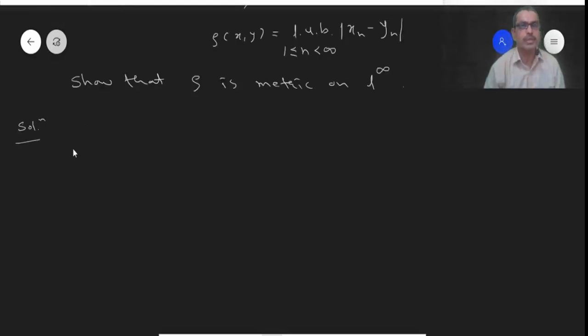Solution: the first condition of the metric space, for x equal to y. Then rho of xx is equal to the least upper bound of mod xn minus xn, where 1 is less than or equal to n is less than infinity. This is equal to 0 if x is equal to y.